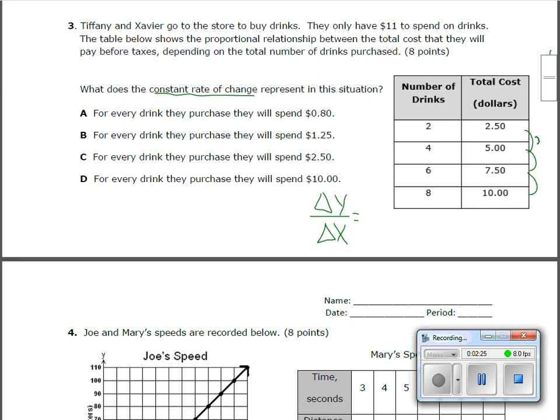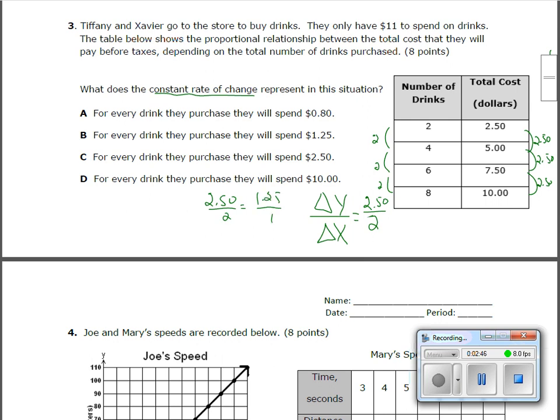Well, this side I changed $2.50 every time. So that's my change of Y. And then over here I changed 2 every time, and that's my change of X. But if I take $2.50 over 2 and I reduce it, I get $1.25 over 1.